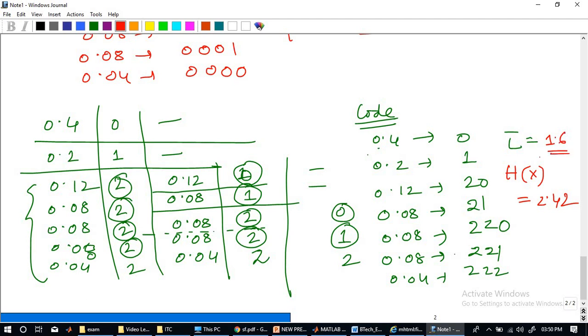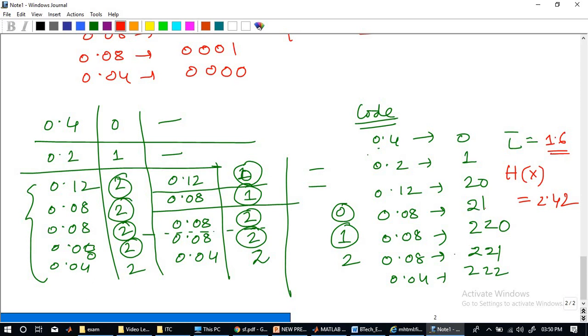Is it not violating Shannon's theorem then? Because Shannon's theorem says L average should always be greater than H of x. Is it not violating it? What mistake are we making, or what alteration do we have to make in order to find the L average?